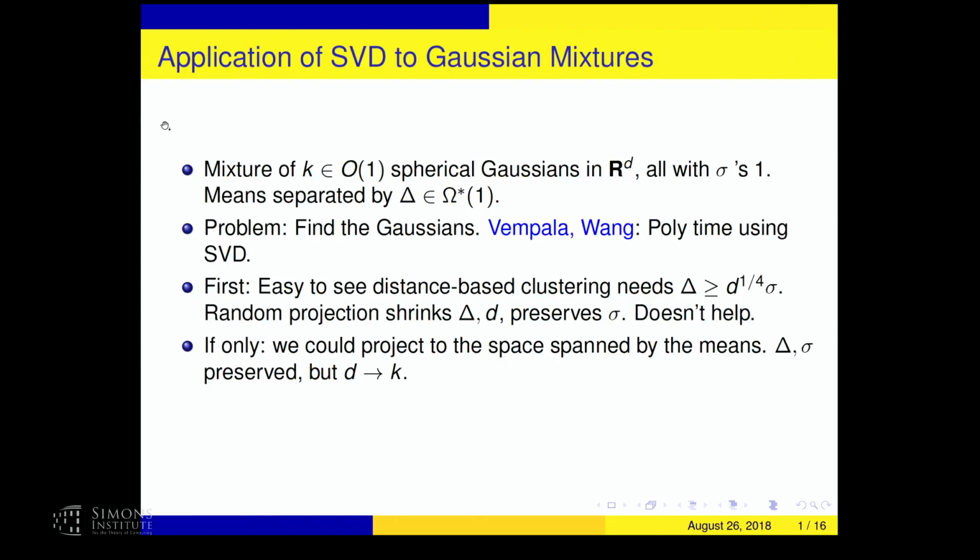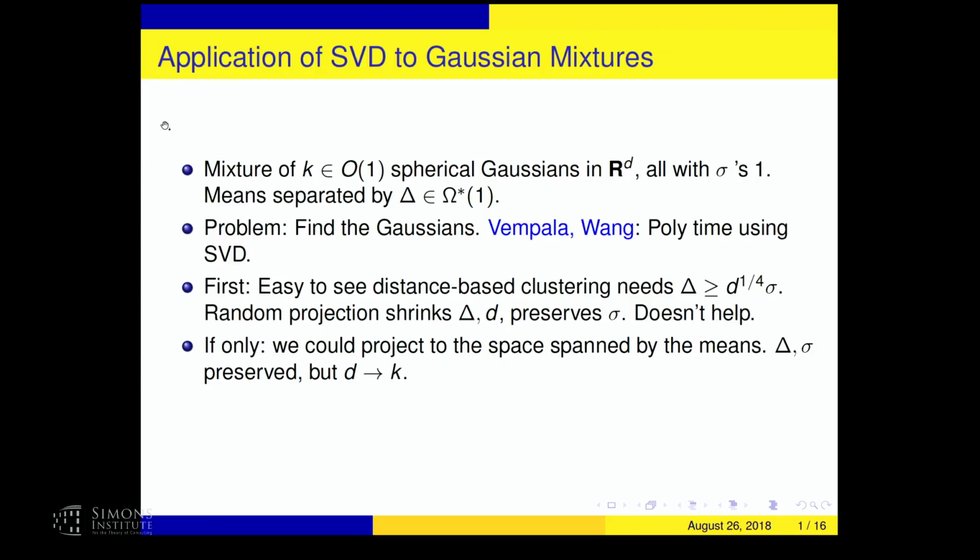But here is a thought. If only we could project to the space spanned by the means. So in this picture of 2, if only somebody would tell me this subspace spanned by the origin and this. If somebody did tell me that, we saw that I could project to this. I get two nice Gaussians now in one dimension. Means separated by a constant number of standard deviations.